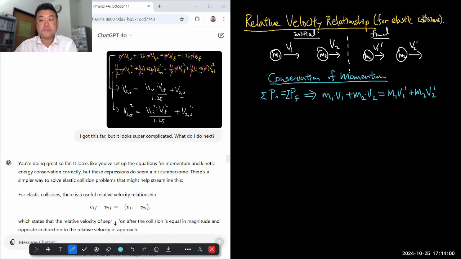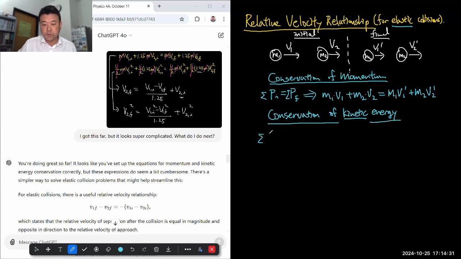So that's conservation of momentum. Now, because it's an elastic collision, we can also say conservation of energy, more specifically, conservation of kinetic energy. That's really what elastic means. If there's potential energy involved, we usually wouldn't call it an elastic collision, even though total energy might be conserved. So with conservation of kinetic energy, the total initial kinetic energy is equal to the total final kinetic energy.